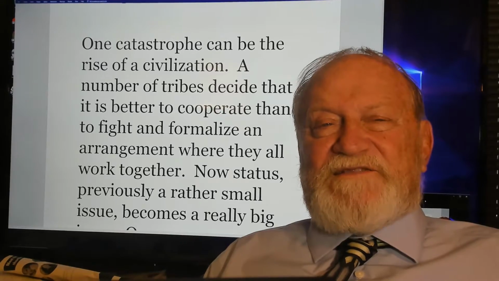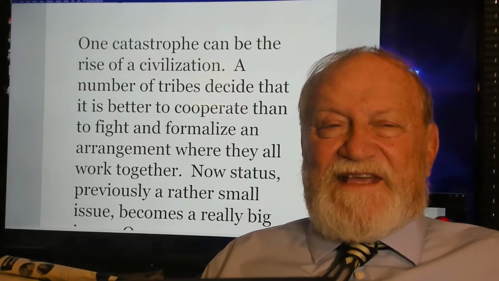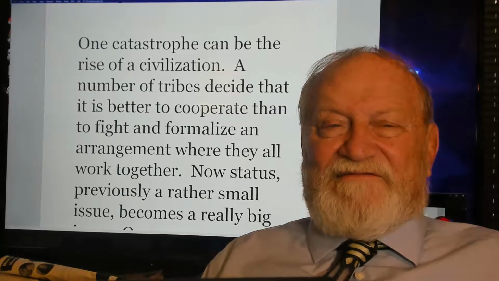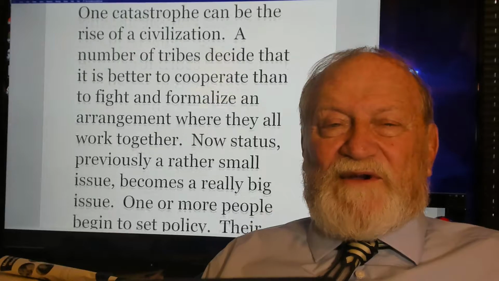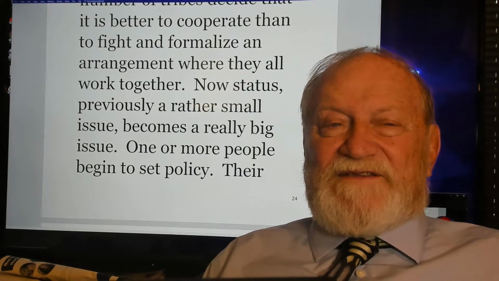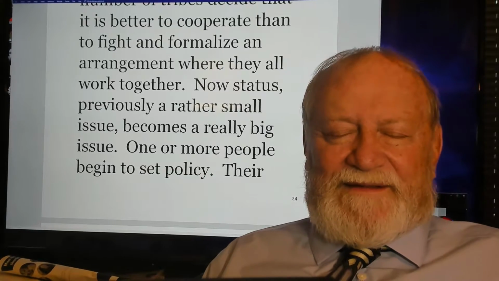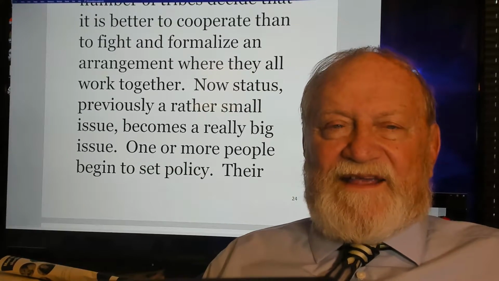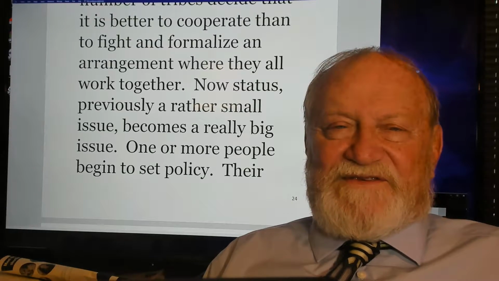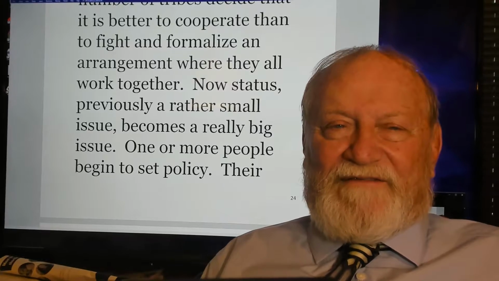One catastrophe can be the rise of a civilization. A number of tribes decide that it's better to cooperate than to fight. They formalize an arrangement where they all work together. Now, status previously was a rather small issue. In a tribe of a couple hundred people, high status just means that you're young and capable and maybe the girls like you or you hunt better or whatever.